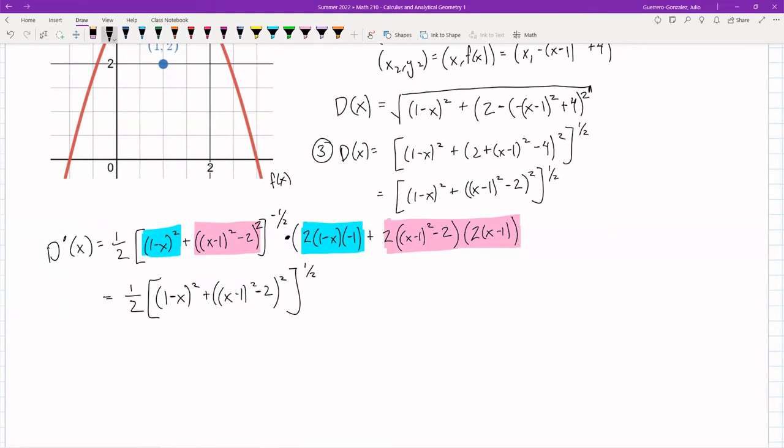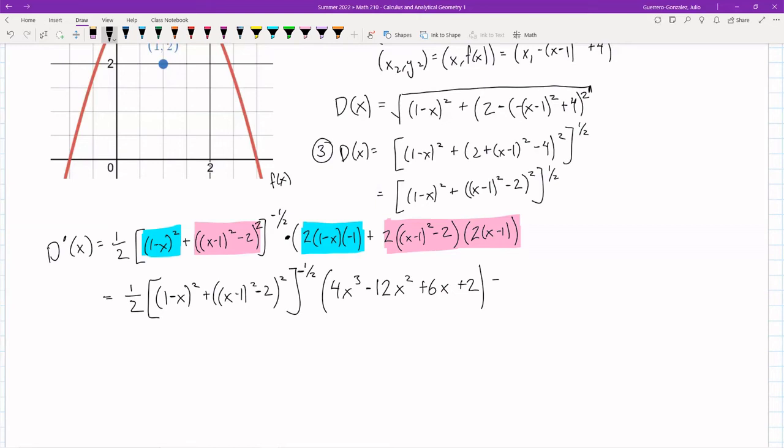And if you do all of this out, this should reduce down to 4x cubed minus 12x squared plus 6x minus 2, and this is supposed to be a minus 1 now.